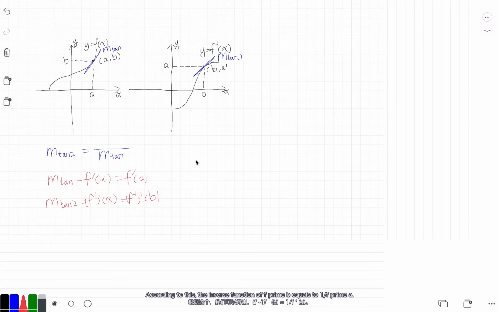According to this, f inverse prime b equals 1 divided by f prime a.